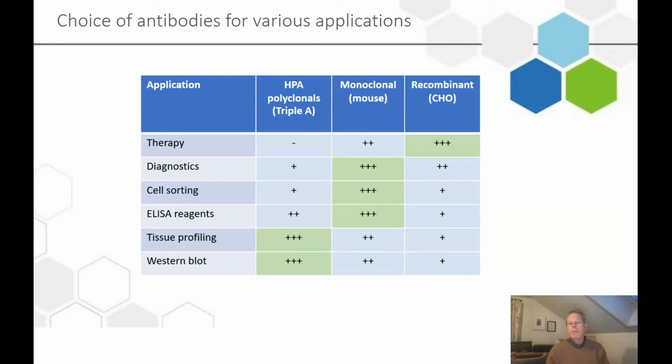We are not going mainly for monoclonal antibodies, which are of course excellent for diagnostics and cell sorting, but instead we went for what we called HPA polyclonals, since we are working with tissue profiling, denatured proteins, and so on. And we have generated close to 60,000 antibodies in this way.